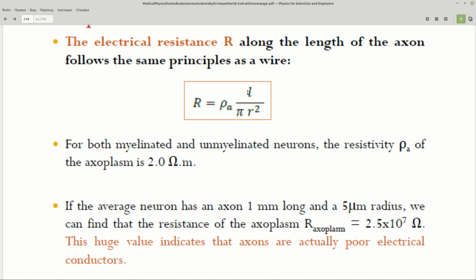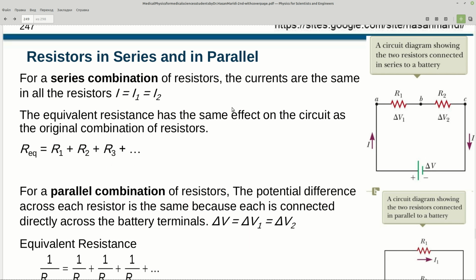Delta V is equal to delta V1 equal to delta V2. In the first part, with a series combination of resistors, the delta V of the whole circuit is the sum of delta V1 plus delta V2.